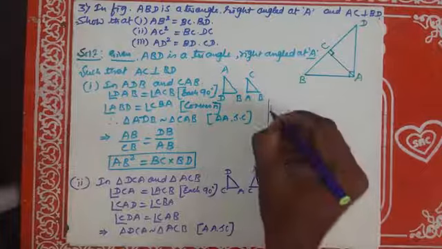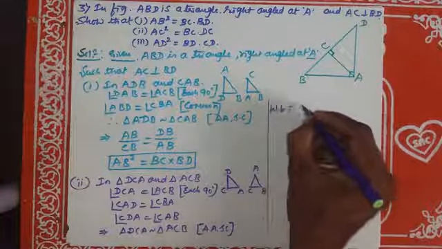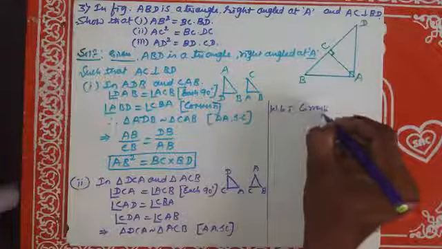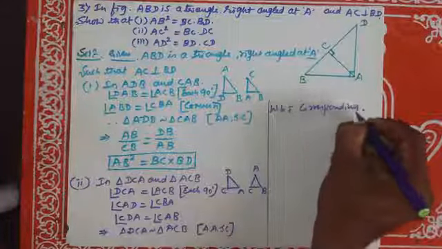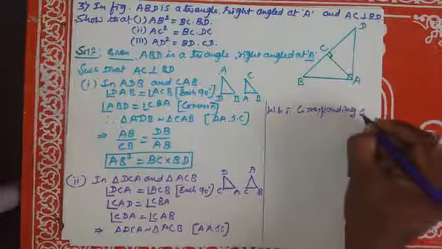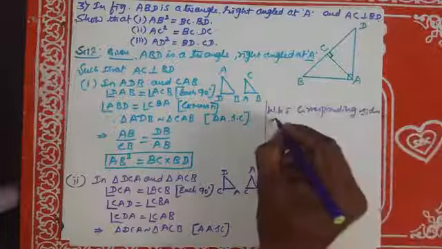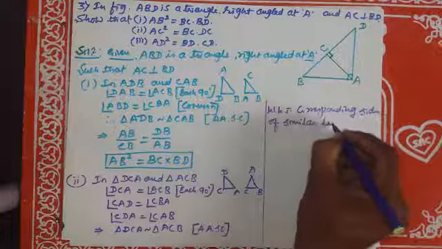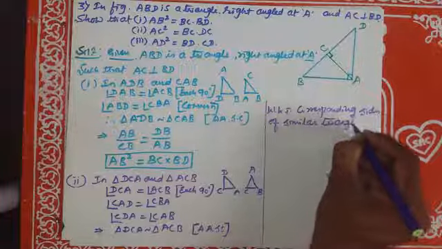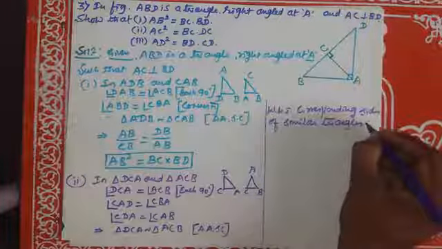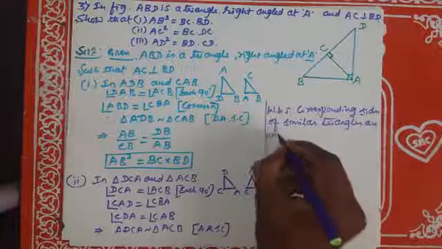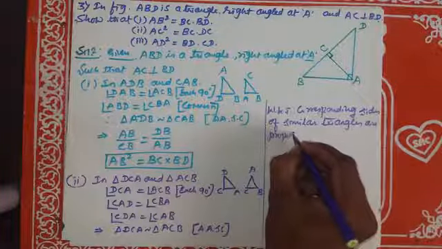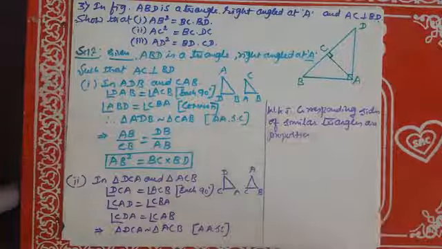We know that corresponding sides of similar triangles are in proportion.